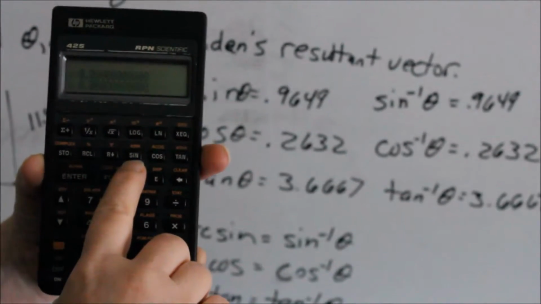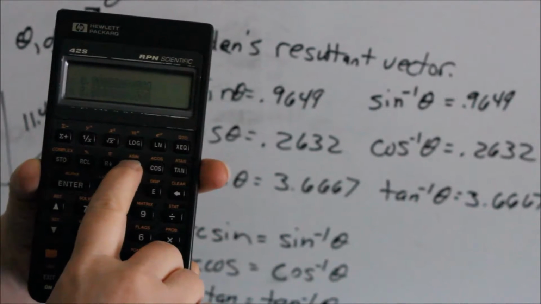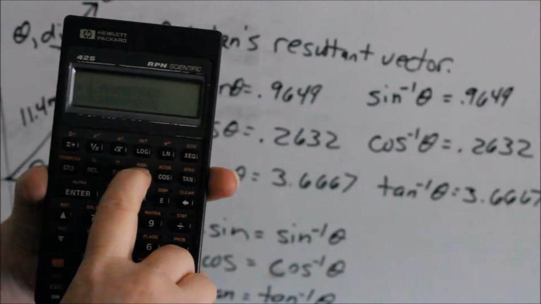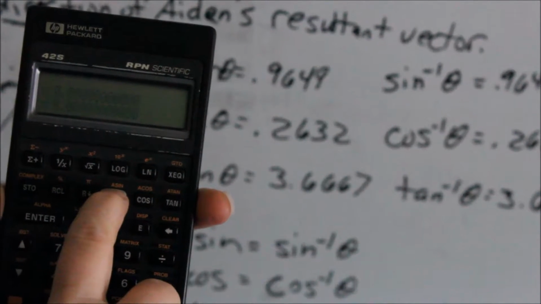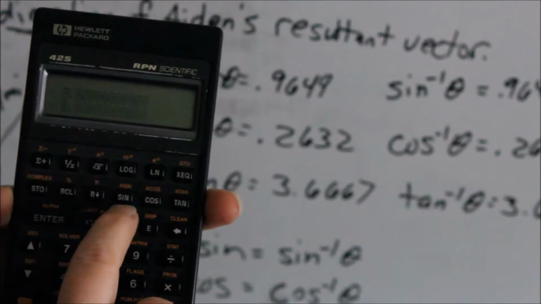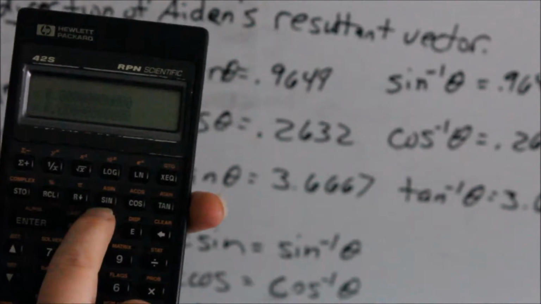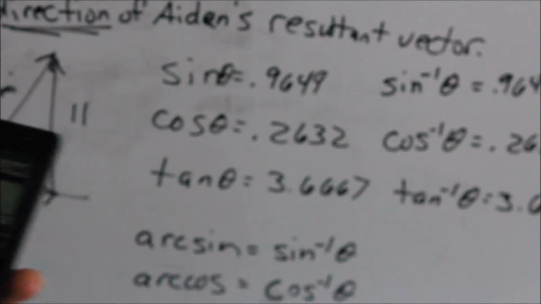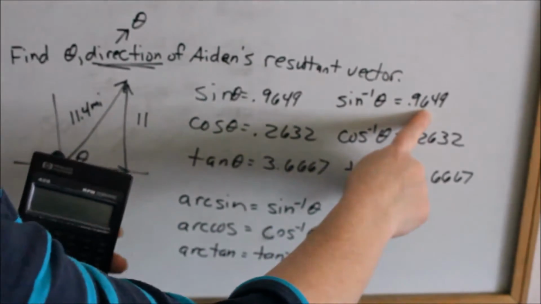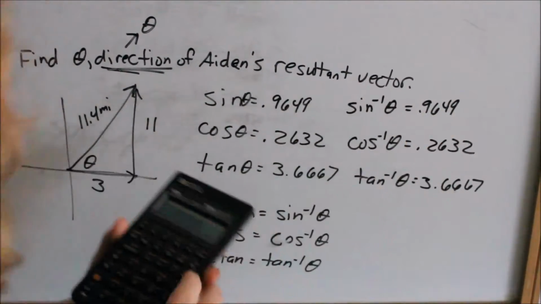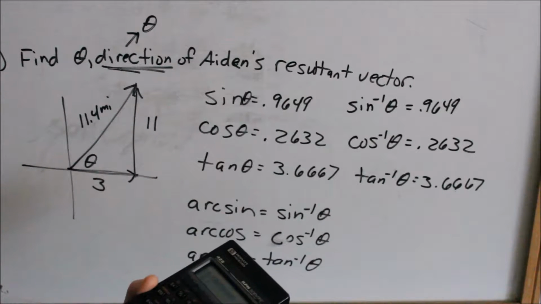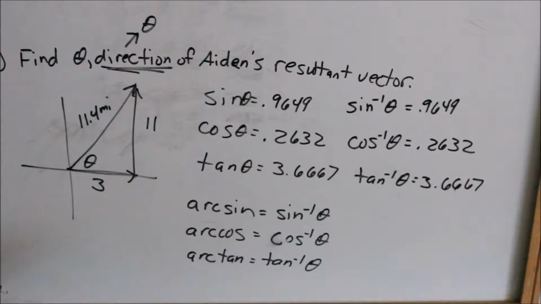You have the sine button on your calculator, and right up above that, mine says A sine, which stands for arc sine, or yours will probably have the sine to the -1. So it's important you use your second function. You might need to do the second function first, then put in your decimal, and then hit enter. Each calculator is different. But in doing the inverse sine, you should come up with that theta on your calculator.